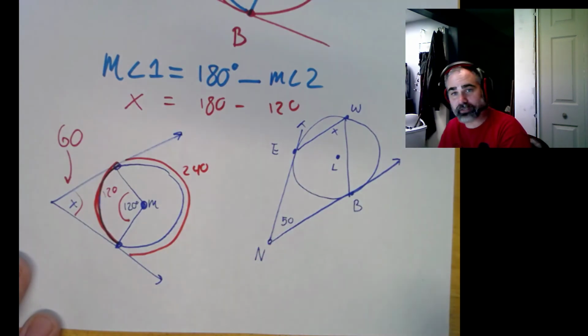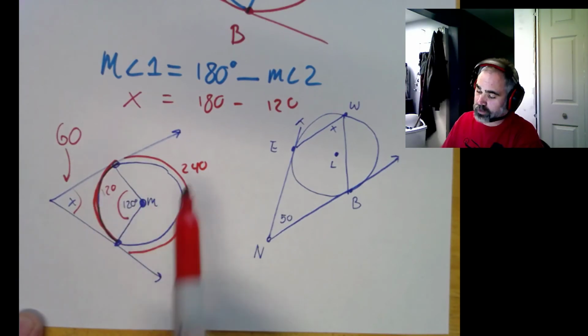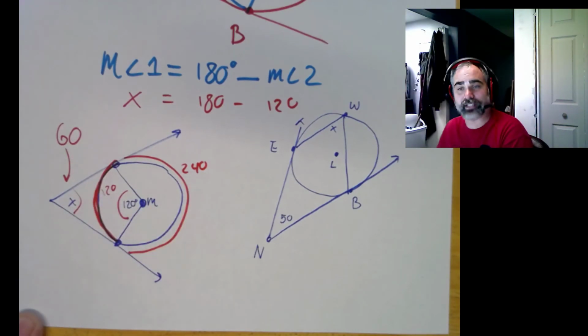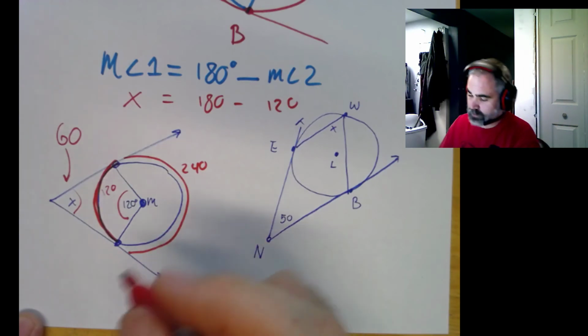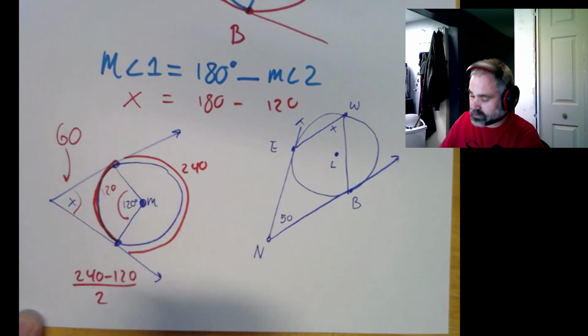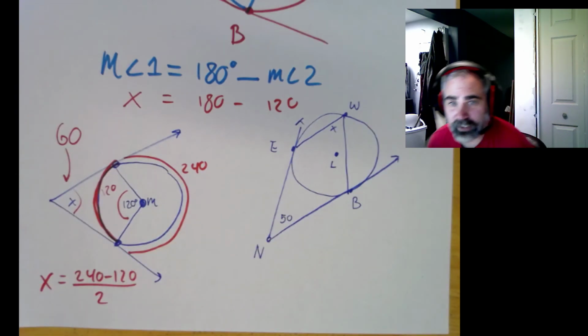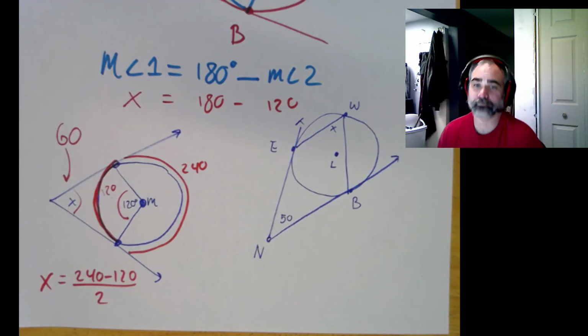So another way you could have done this, apart from this formula, is to recognize, oh, well, I know that this is 120, this is 140. I subtract and take the average. So it would be 240 minus 120 divided by 2 to give you x as well, using the formulas we learned today. So you actually didn't even need to know this formula for that one.